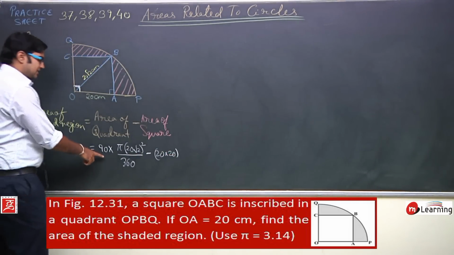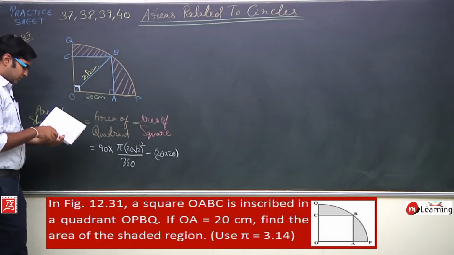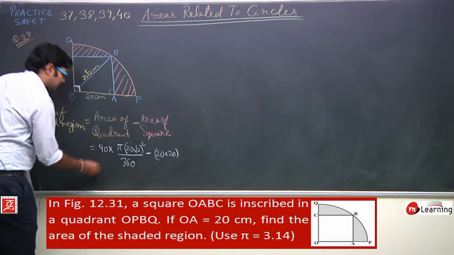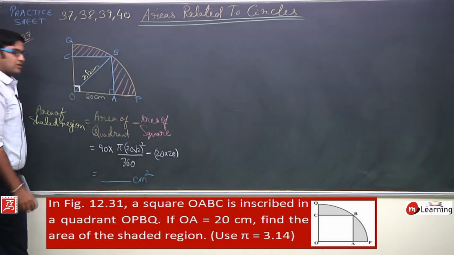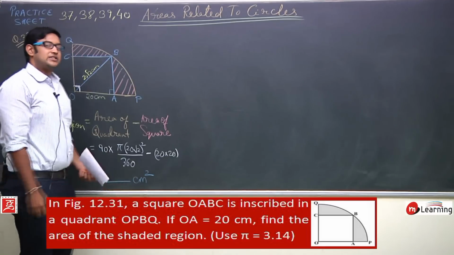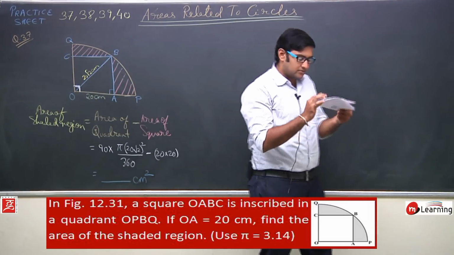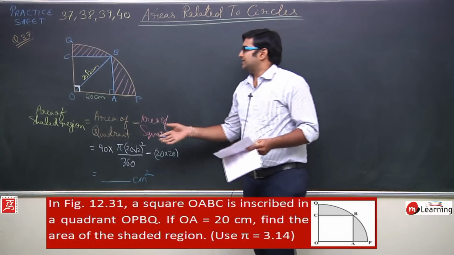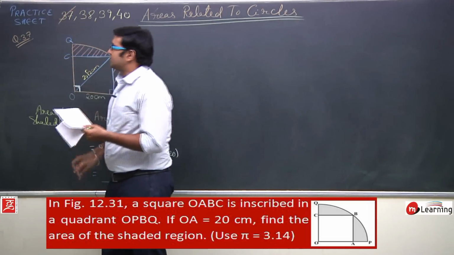So this is the area of the quadrant minus the area of the square. When you subtract these two values, you will get the final area in centimeter square. This will give you the area of the shaded region. In this manner, you need to solve question number 37, and you can see it's a very easy question. So we have completed the 37th question.